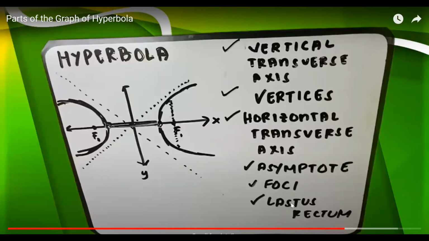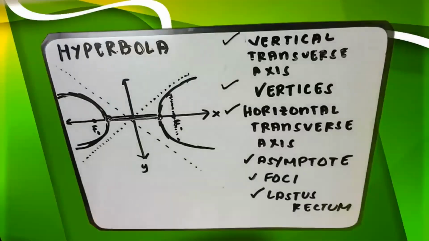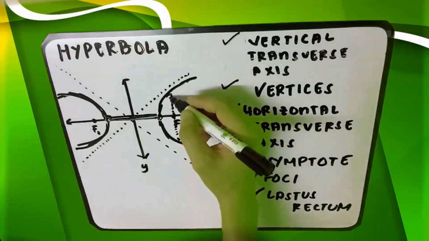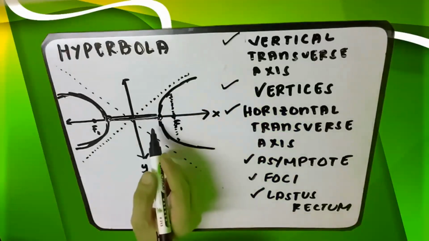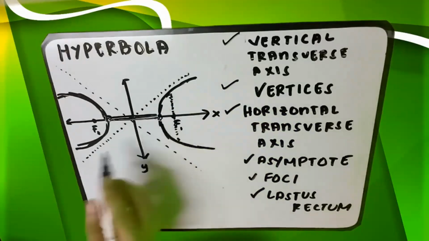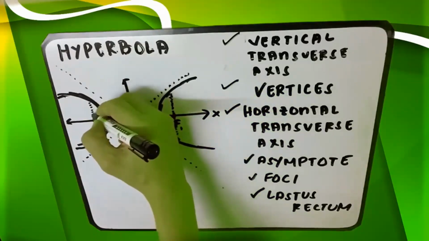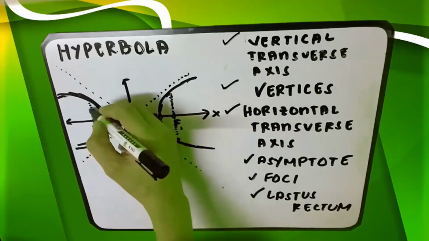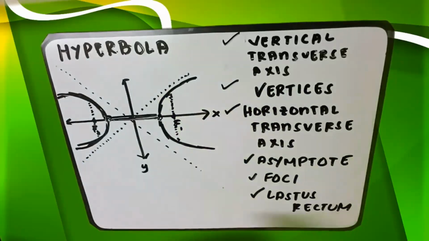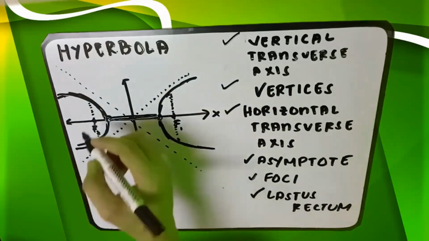That is also present in ellipse. So sa ellipse, we also have latus rectum. So parallel siya dito sa y-axis or perpendicular siya dito sa horizontal transverse axis. So meron tayong latus rectum dito. Ito rin. Meron din siyang latus rectum dito. Hindi ko alam kung plural na yung latus rectum or meron siyang term na pang singular.